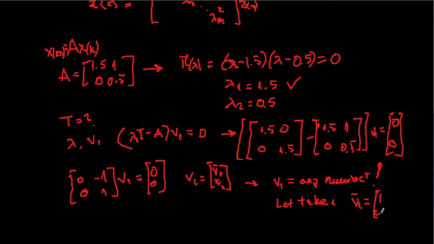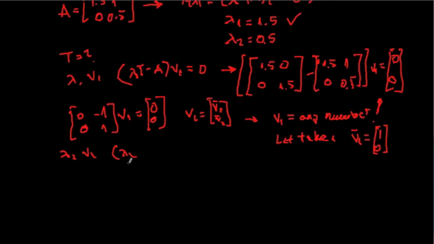So we have that v1 is 1, 0. In the same way, for lambda 2 and v2, we have (lambda 2 I minus A) v2 equals 0, 0.